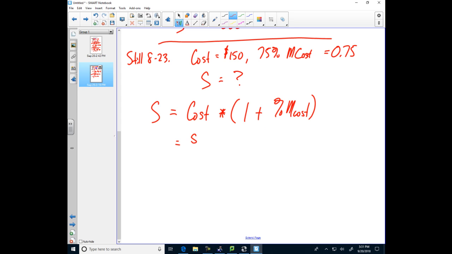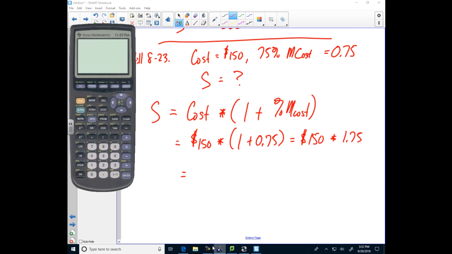So the cost is 150. And here you're going to have 1 plus 0.75, aren't you? So when you do that math, you get what? 150.